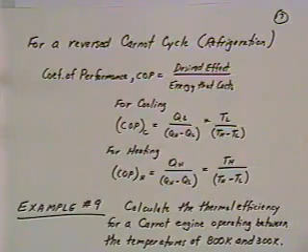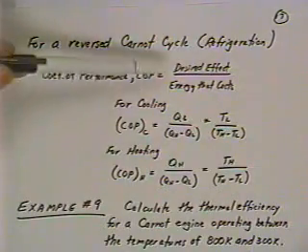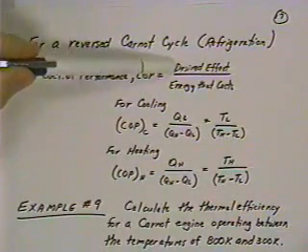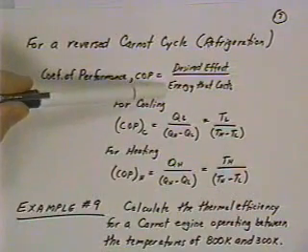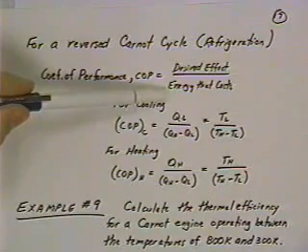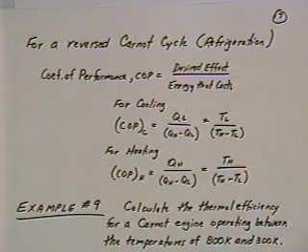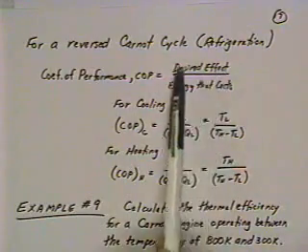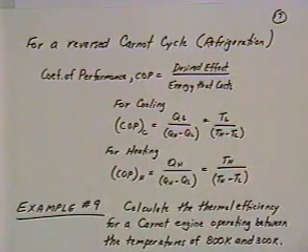So instead of talking about efficiencies as you do in a power cycle, you talk about terms like coefficient of performance, or COP. The COP is defined as the desired effect, whatever you're trying to accomplish, either heating or cooling, divided by whatever it costs you to accomplish that desired effect. The way I like to look at it is, if you're in the cooling mode, your desired effect is how much heat you can remove from your house or your room, or from your refrigerator.